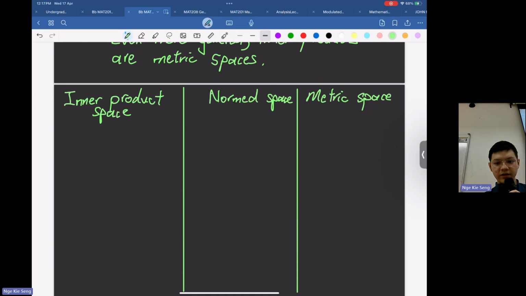So let's recall what an inner product space is. First of all, it is a vector space. I won't recall what a vector space is.